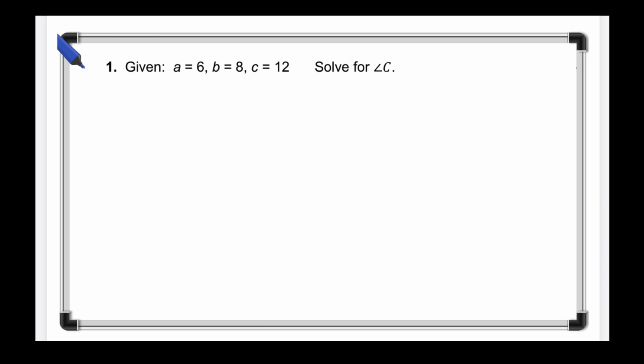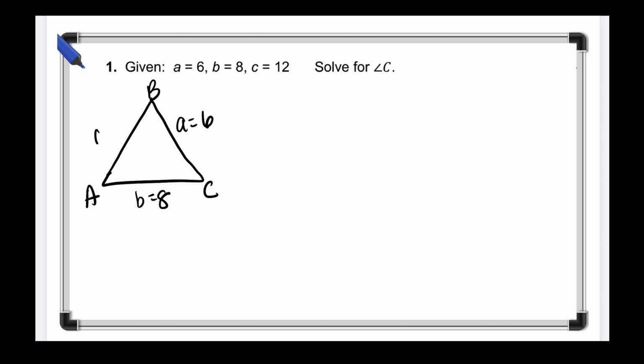Okay, so let's go ahead and draw our triangle here. We've got A, B, and C. Side A is 6, side B is 8, and side C is 12.